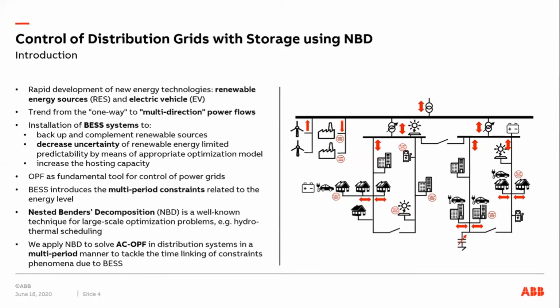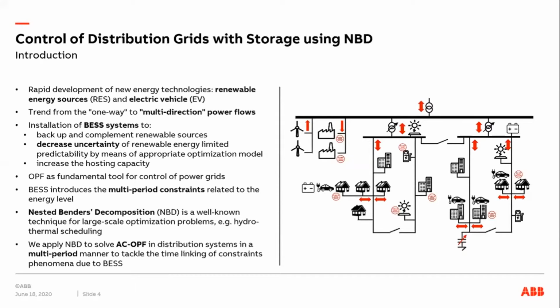So what can we do in order to reduce the risk of possible energy not supplied and to increase the optimality of the distribution grid? One of the fundamental, widely used types of algorithm for the control of the transmission grid is the optimal power flow approach. The optimal power control of the energy storage cannot rely on only one snapshot optimization due to multi-period constraints like the state of charge related to the energy level.